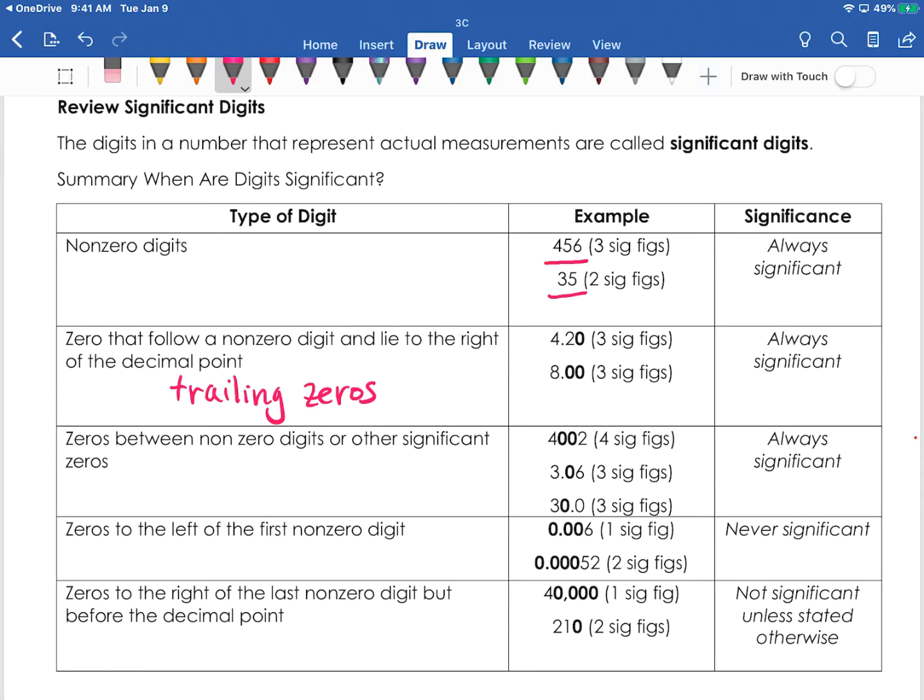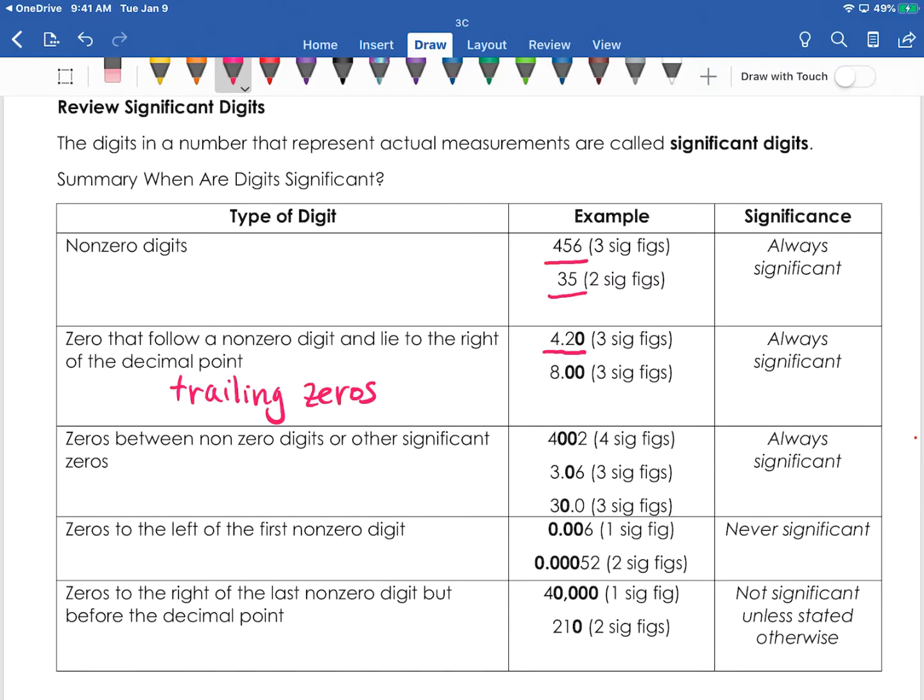So instead of writing 4.2, if we write 4.20, that tells us that we measured to the hundredths place, which is the second decimal place. If I just wrote 4.2, that tells me that I only measured to the tenths place. By putting that trailing 0 at the end, I know that I actually measured out until the hundredths place.